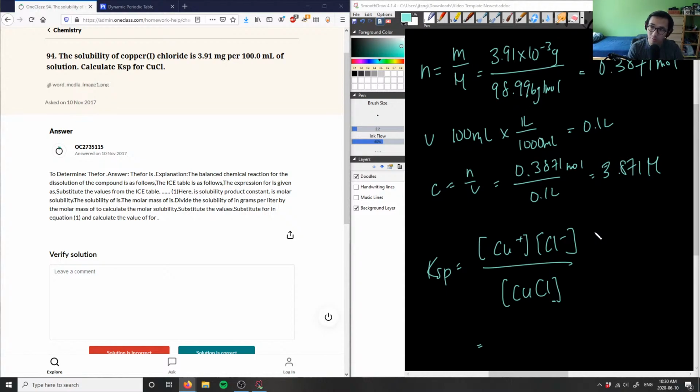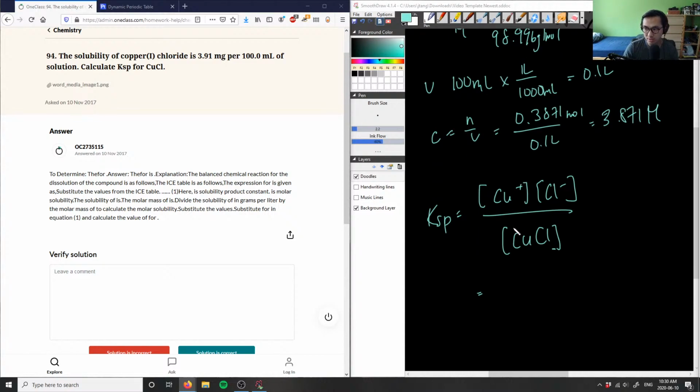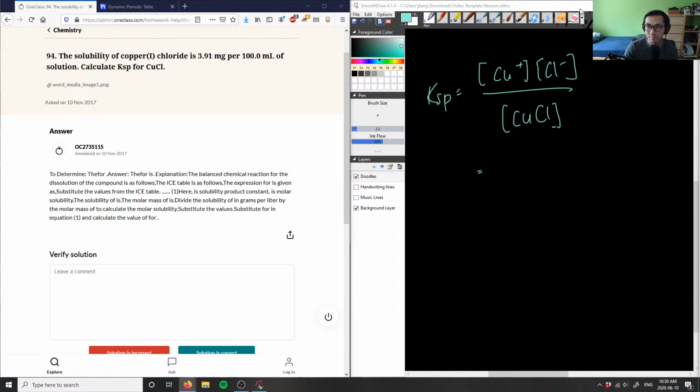I'm going to have to actually use my ICE table to solve for this problem as well, but this here would be the given KSP value for this guy. I'm just missing one step here.